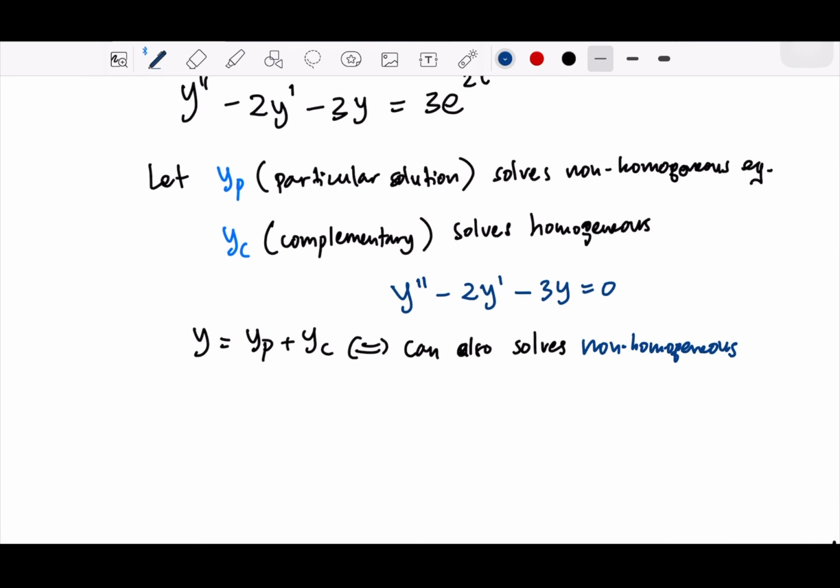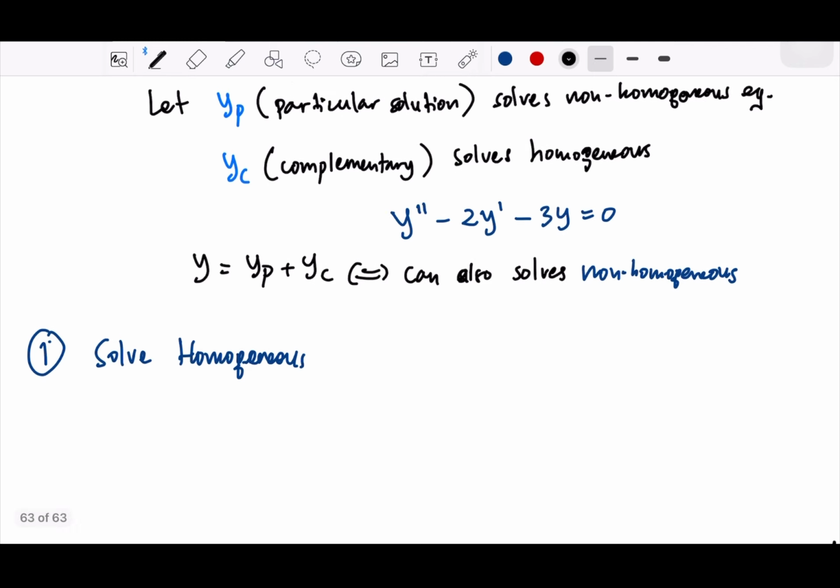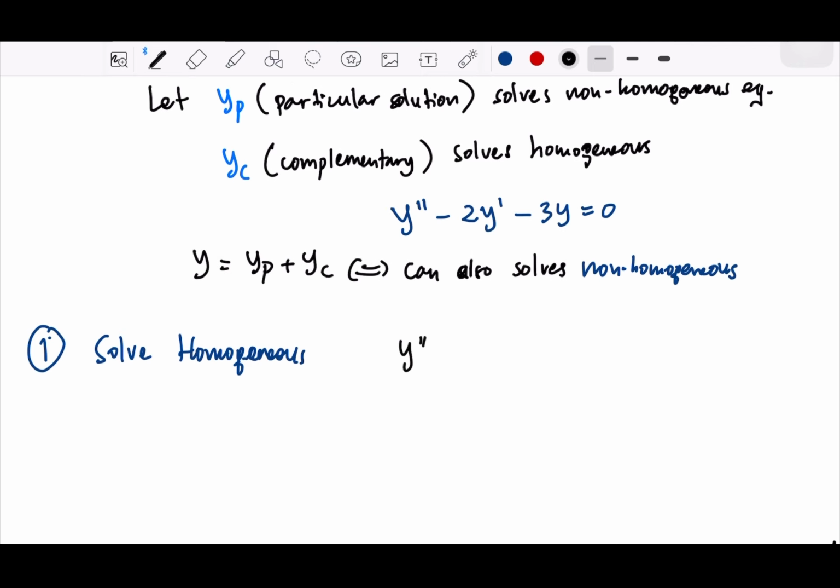So step one, the process, okay, is we are going to solve the homogeneous. So let the equation equal 0. So how to solve this? This is the same as the previous auxiliary equation, okay? So we are going to use m, the root: m squared minus 2m minus 3.